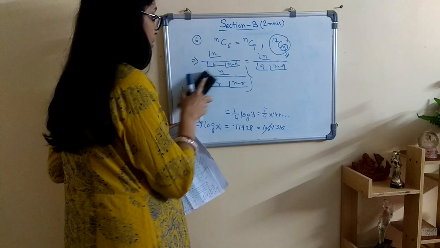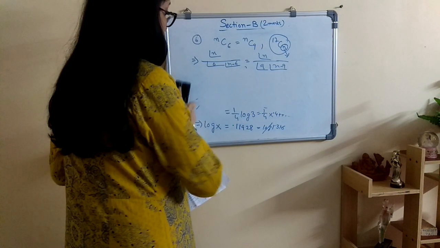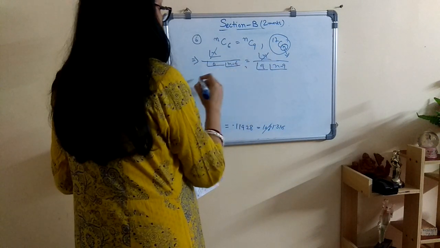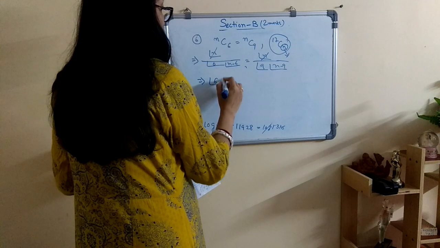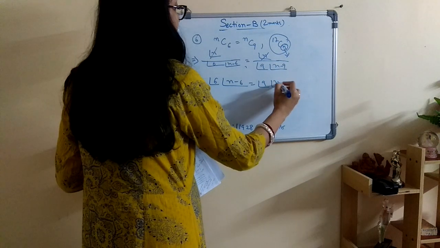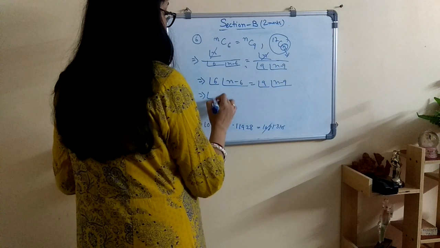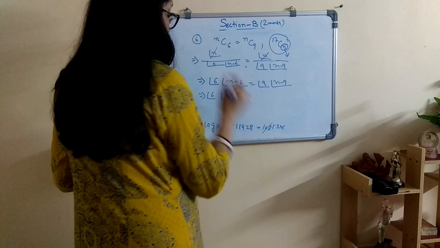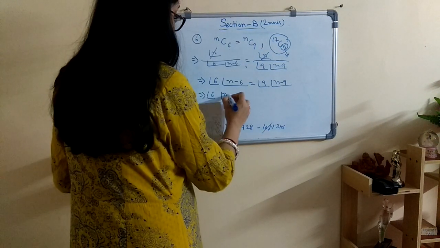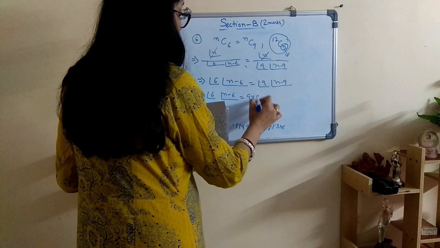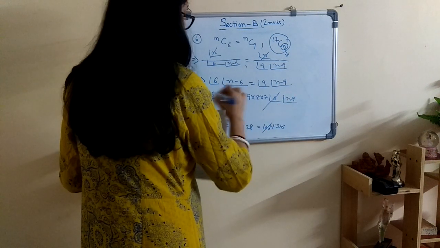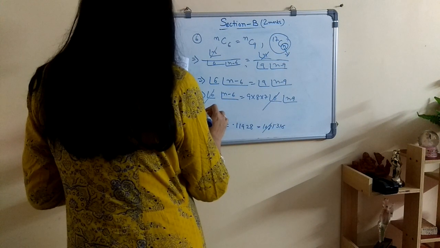So now we can cancel out these two parts because it is factorial n on both sides. It will be equivalent to factorial 6 times factorial n minus 6 equals factorial 9 times factorial n minus 9. Now factorial n minus 6 is equal to 9 into 8 into 7 into factorial 6 factorial n minus 9. Factorial 6 then will cancel out.